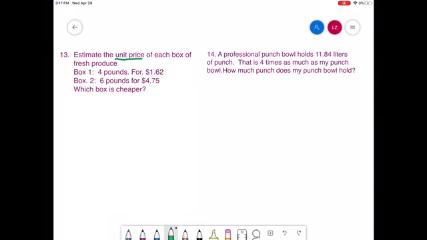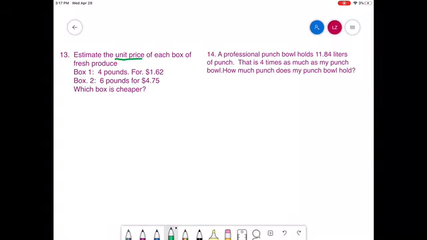Okay, so for this one, estimate the unit price of each box of fresh produce. So if you have one box, that's 4 pounds for $1.62, and you have a second box you could buy, but it's 6 pounds and it's $4.75. If you were at the store and you wanted to know which box of produce you could get for cheaper per unit or per pound, that's how you're going to compare it, because you can't really compare a 4 pound box with a 6 pound box.